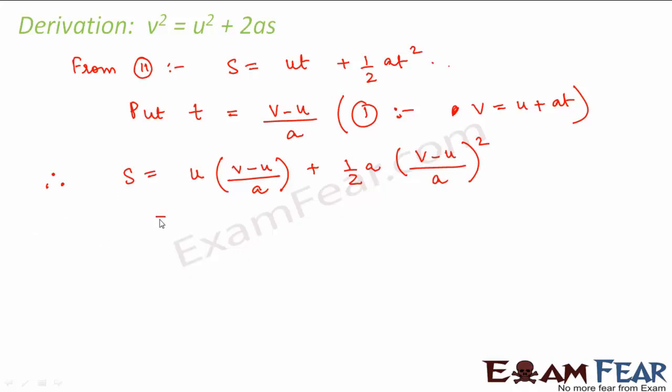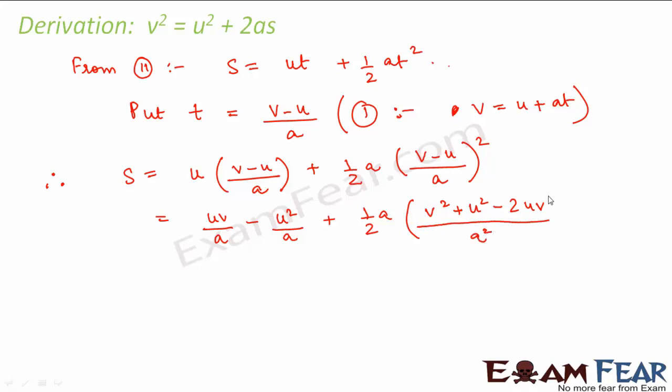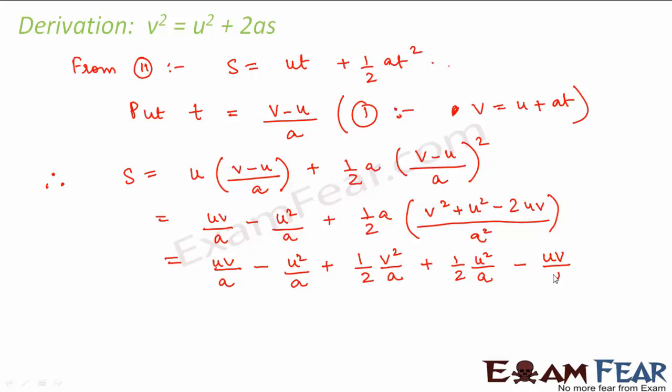So this becomes equal to uv divided by a minus u square by a plus half a into v square plus u square minus 2uv divided by a square. So this becomes equal to uv by a minus u square by a plus half v square by a plus half u square by a minus uv by a.